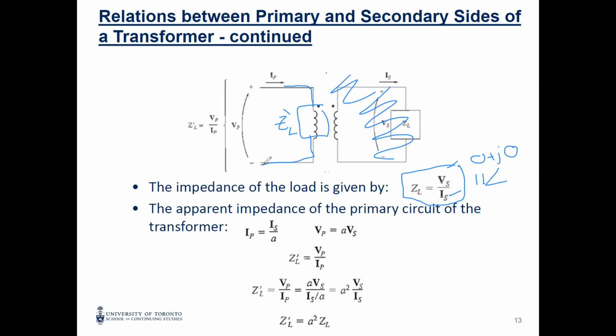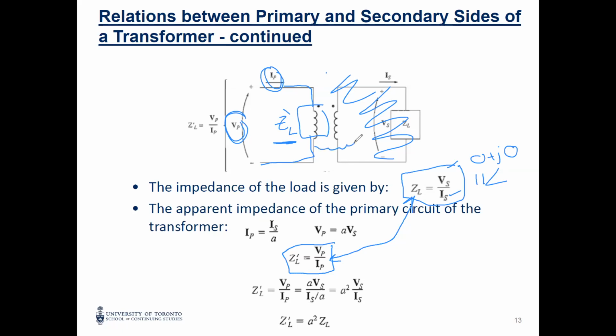Okay. So what is the value of ZL prime? It depends on the current and voltage. It's the voltage in the primary over the current in the primary. I want to relate the impedance ZL to ZL prime.